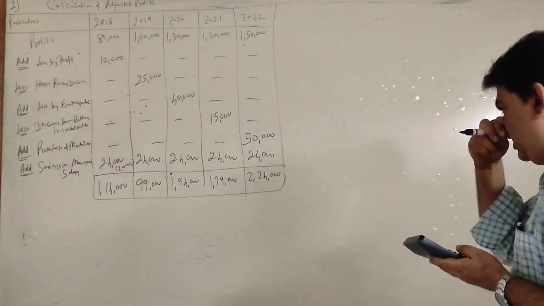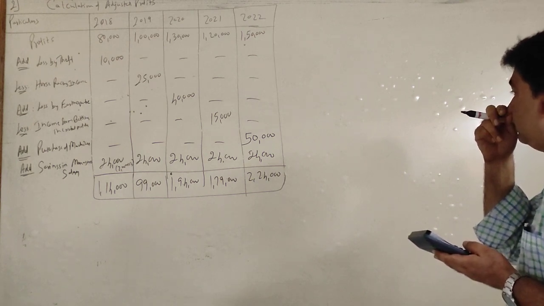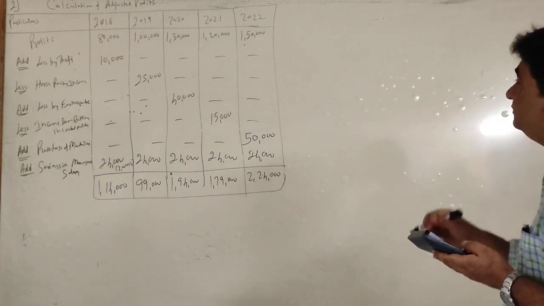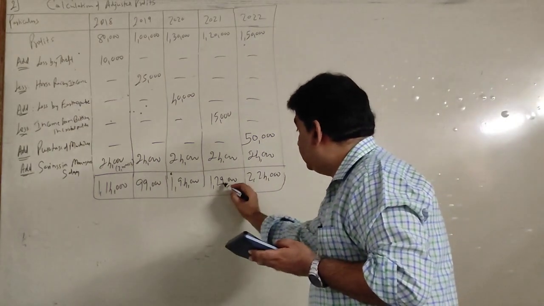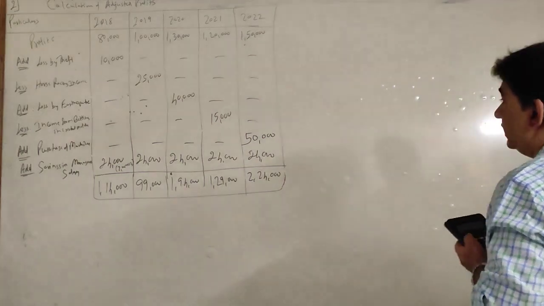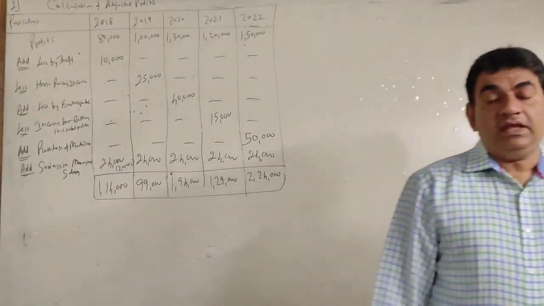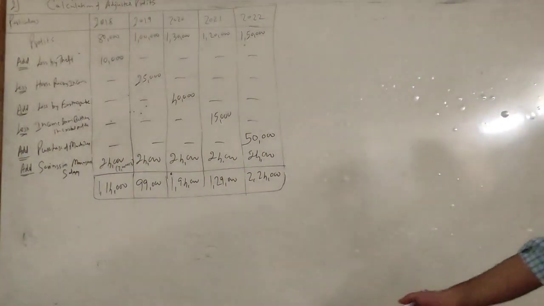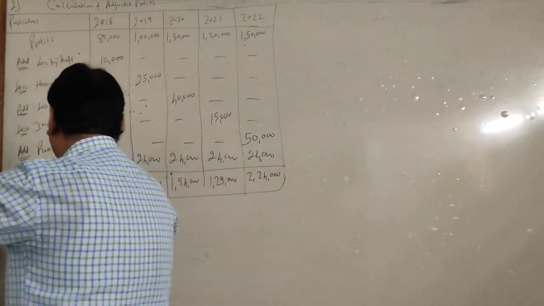Okay, 90, 114, 75, 99, 170, 194, 105, 129, 150, 2 lakh, 220. Got it, guys? Okay. This is my adjusted profit.